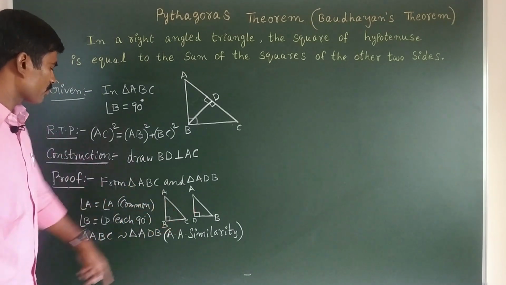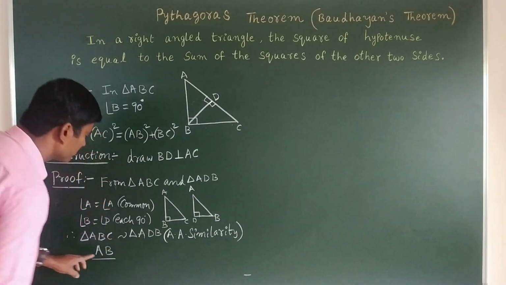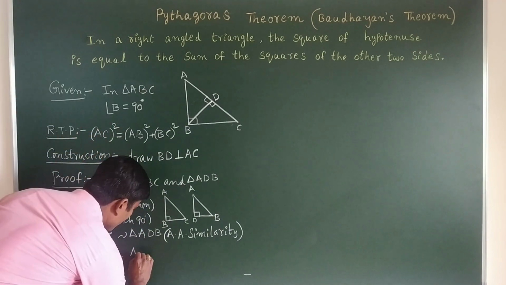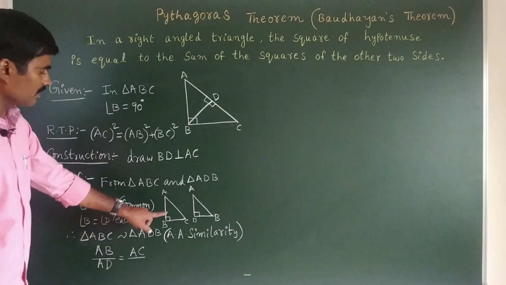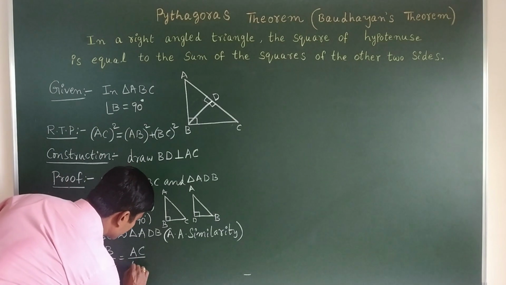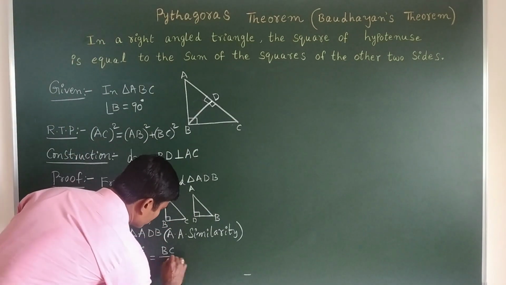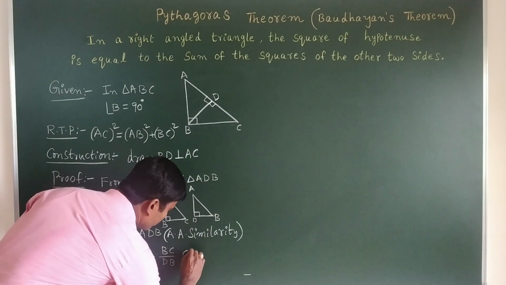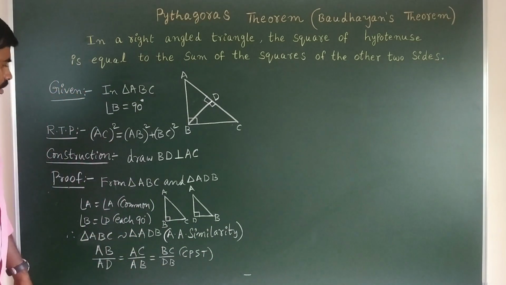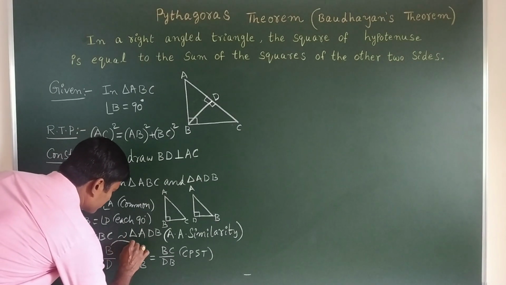Take the corresponding sides. The corresponding side of AB in this triangle is AD. AB by AD is equal to AC by AB, and the corresponding side of BC is DB, so BC by DB. CPCT, corresponding parts of similar triangles. So to get AB whole square, take these two ratios.